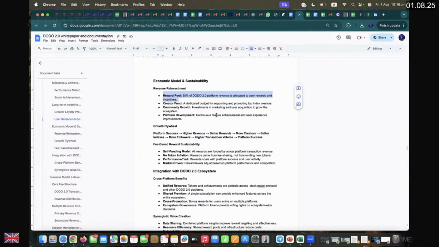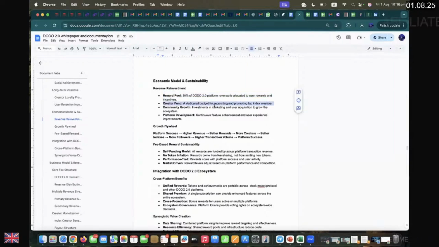This kind of psychology as a product, as an economic model, we own, and this is how we are aiming to accomplish DODO 2.0 as one of the largest social trading or social finance platforms on this planet.